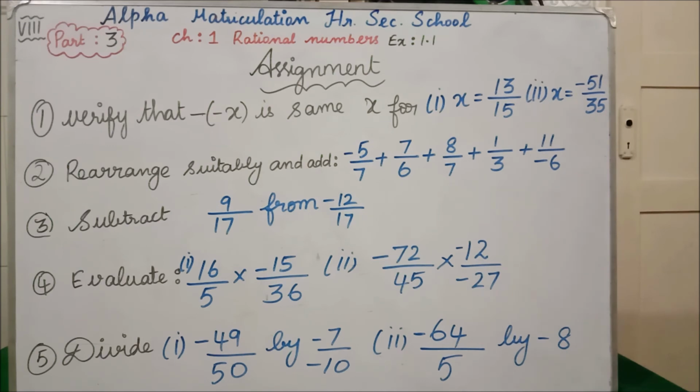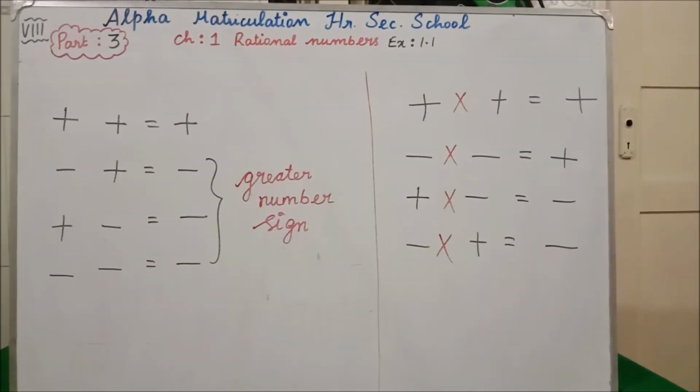The main important concept you have to know is that you have to concentrate more on plus and minus. Students, this is a very important concept that everyone has to know. Most of you will struggle only in this. When you add or subtract, when both numbers are positive, you have to add and put a positive sign. When one number is negative and the other is positive, you have to subtract.